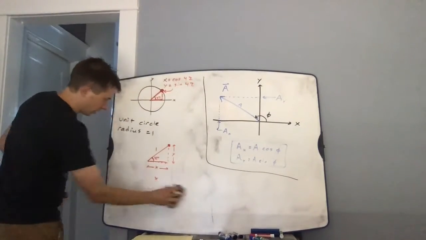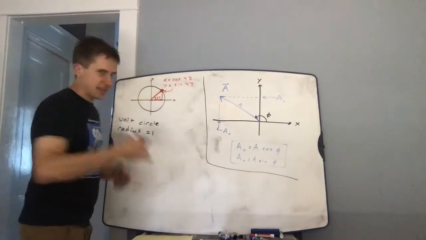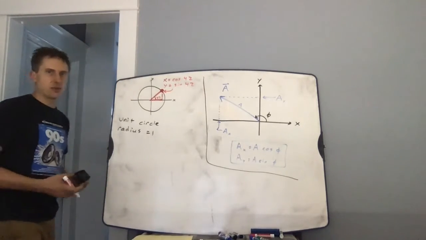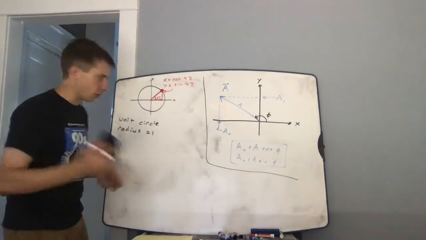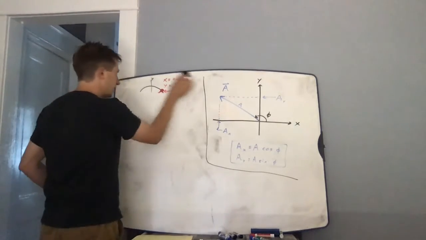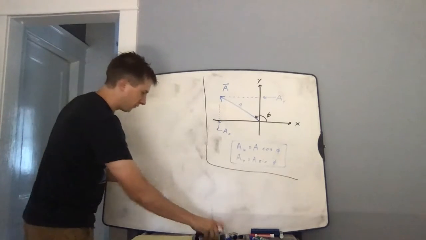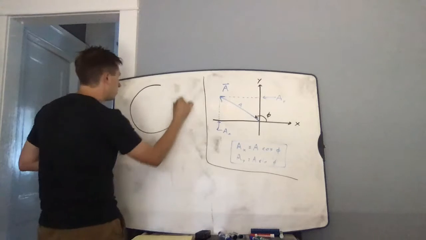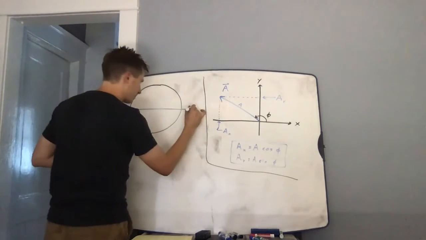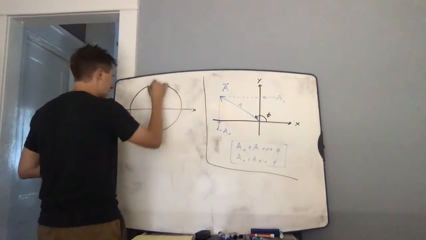What if instead of the unit circle, I look at the exact same thing except I consider a larger circle? Let's pretend I have a circle of radius 4. So now the circle of radius 4 will be something like this. So here's my x-axis, here's my y-axis.